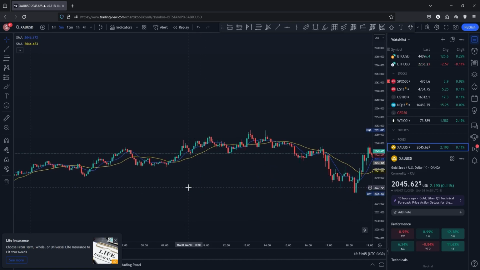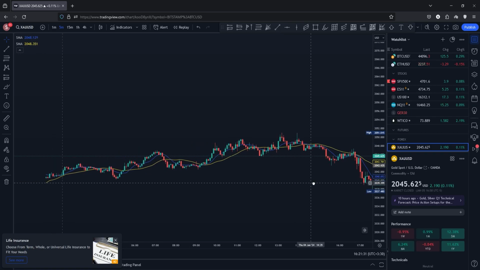For the London session, you can enter the trade around here. As you see, it's not good for the trade. You can lose your trade here, lose your trade here, and finally here you can enter the trade and get a little good profit.